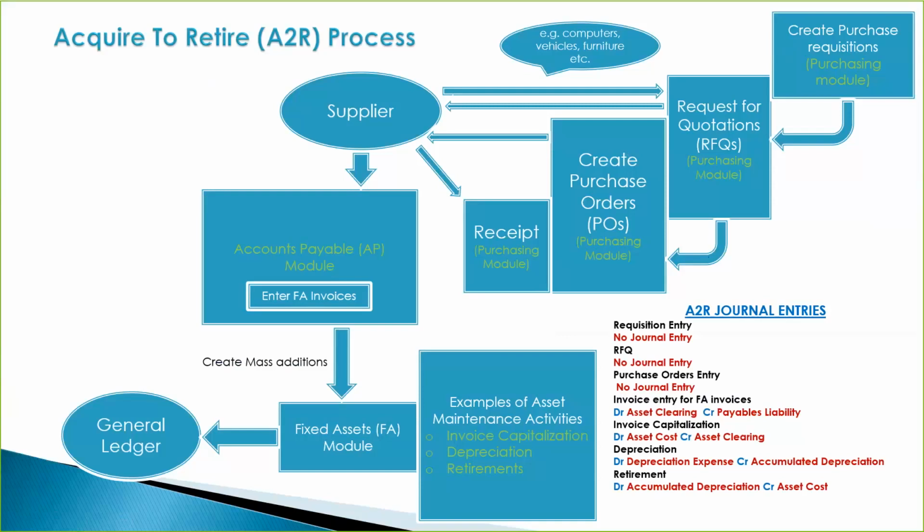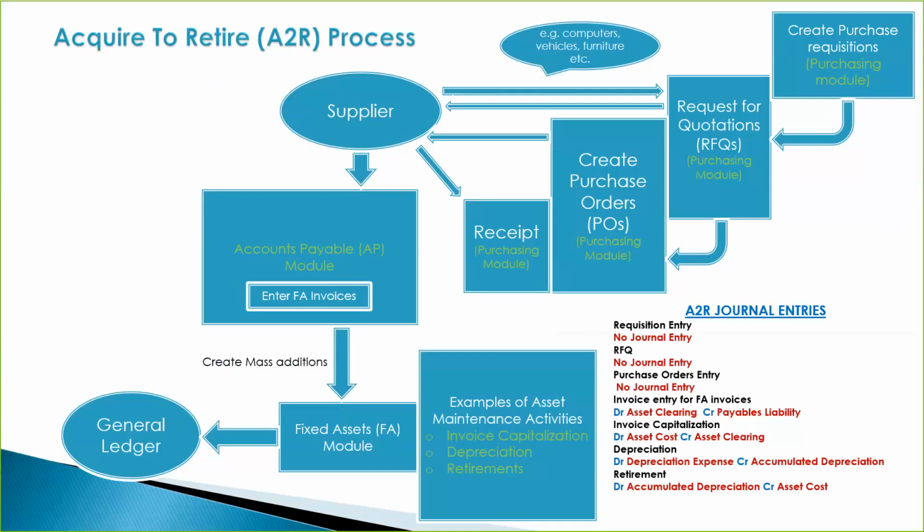When these invoices are entered in the accounts payables module and the create accounting program is run, those transactions are not sent directly into the general ledger, because invoices for assets, in this case for the computers, are not like regular invoices.